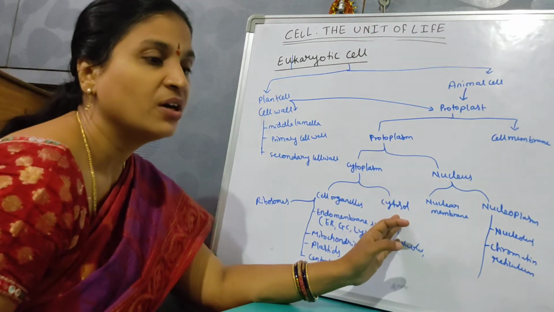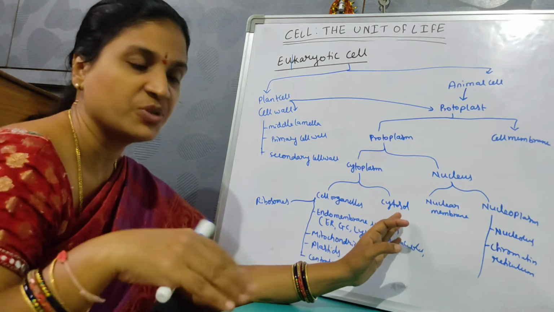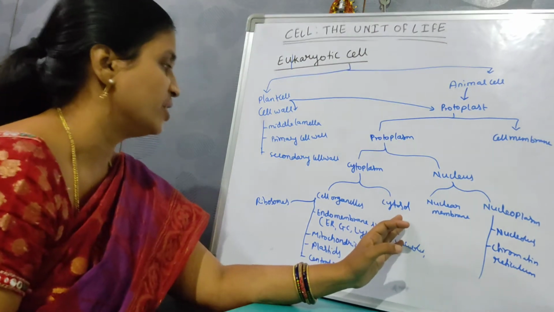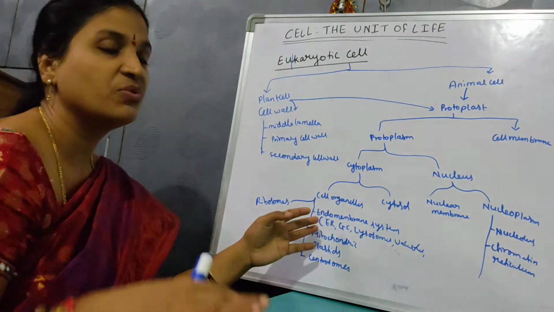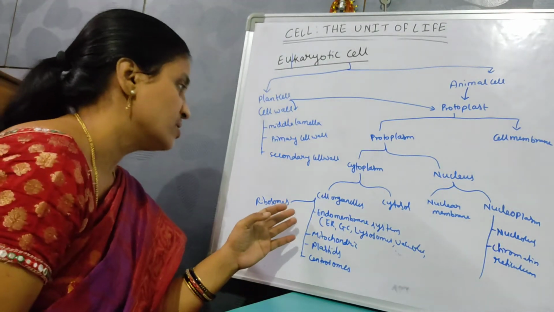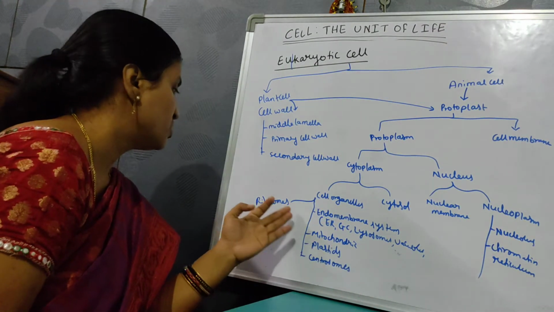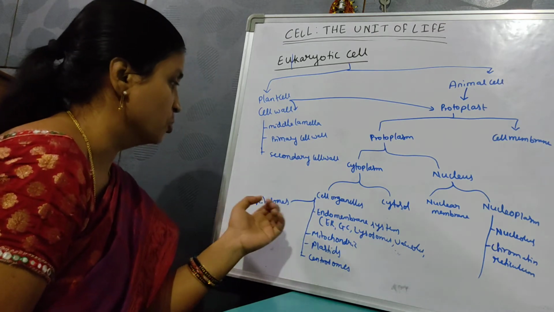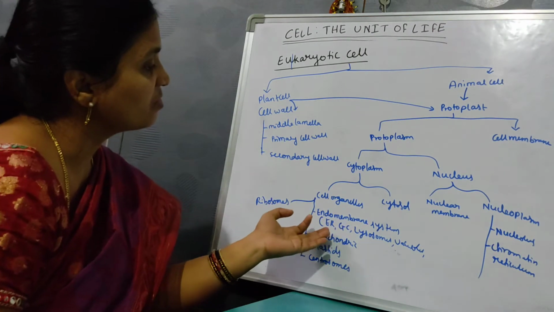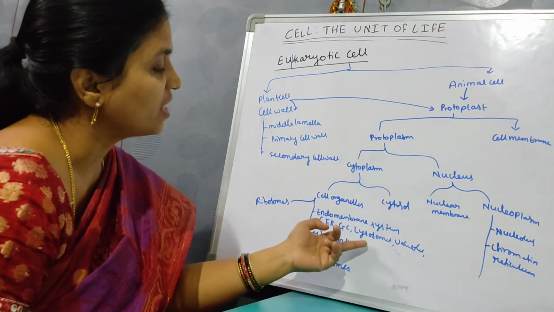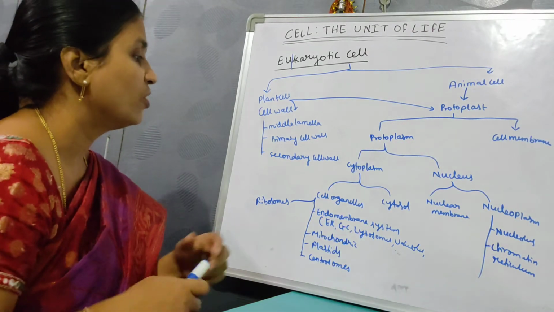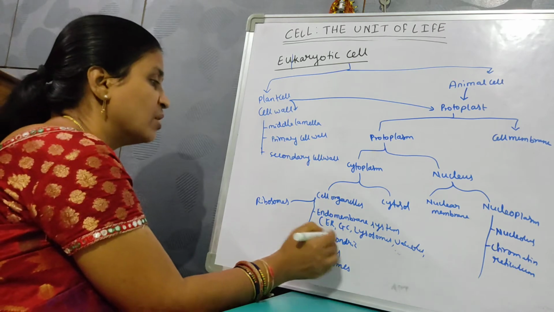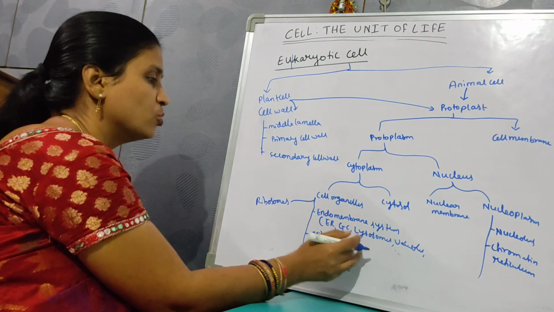Cytosol is the water and some substances dissolved in it. In the cytosol, the cell organelles are freely floating. Some are membrane bound, some are non-membrane bound. Non-membrane bound are ribosomes. Membrane bound, the endomembrane system has endoplasmic reticulum, Golgi complex, lysosomes and vacuoles. Mitochondria, plastids, centrosomes.